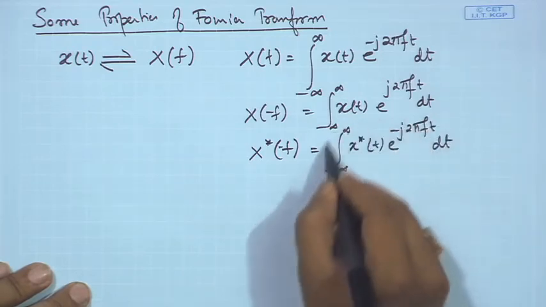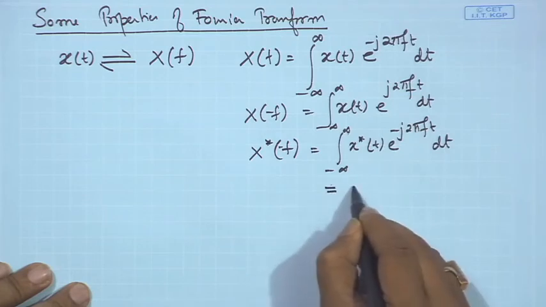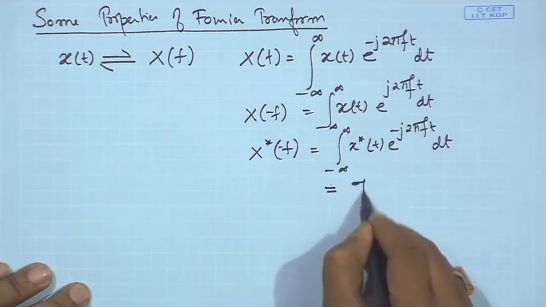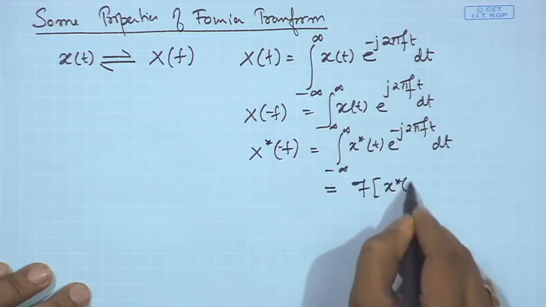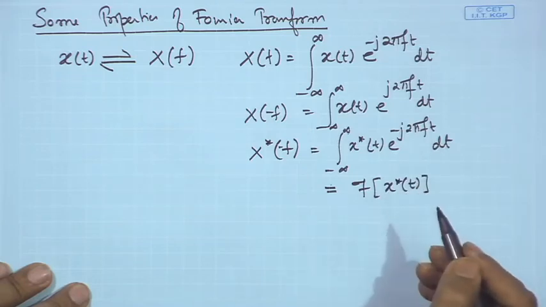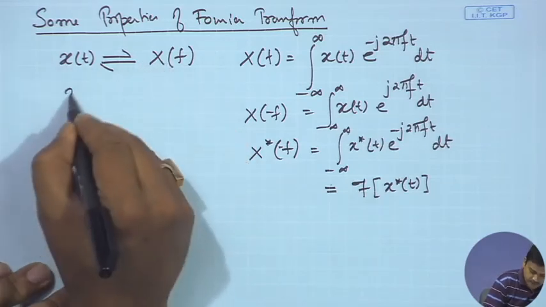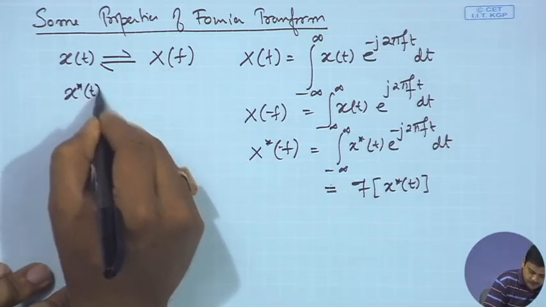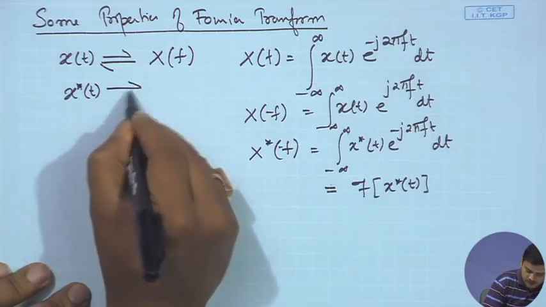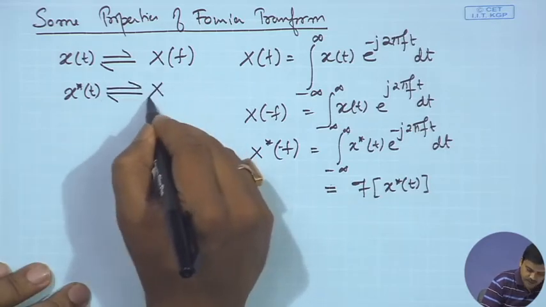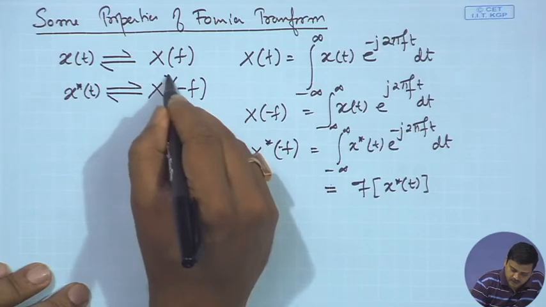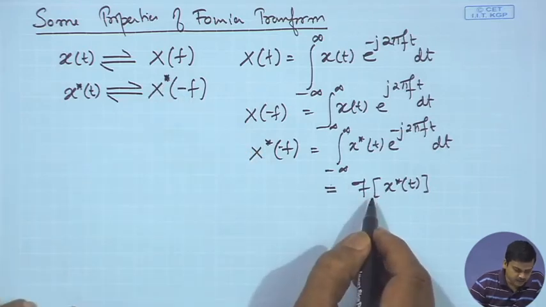So, if you look at this, you could say this is equal to the Fourier transform of x conjugate of t. So, basically what we can say is, if I give you x conjugate of t, the Fourier transform would be X conjugate of minus f, as established over here.